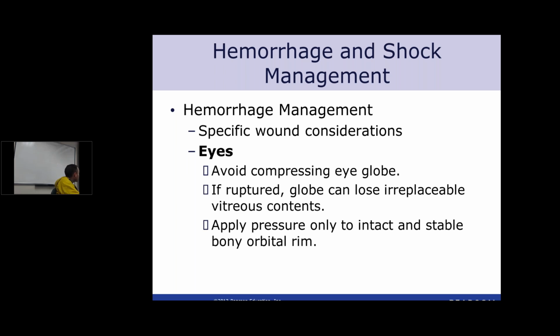So eyes, we talked about that. Avoid putting too much pressure on the globe. If the globe is ruptured, they can lose vitreous contents and you can't replace those. You have to be careful about the orbit as well. If you've got an orbit fracture around the eye, if it feels unstable at all, you don't want to put any pressure on that either.